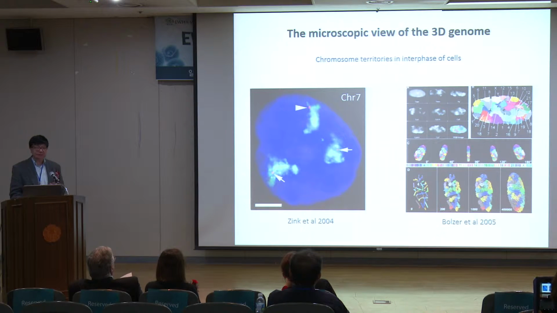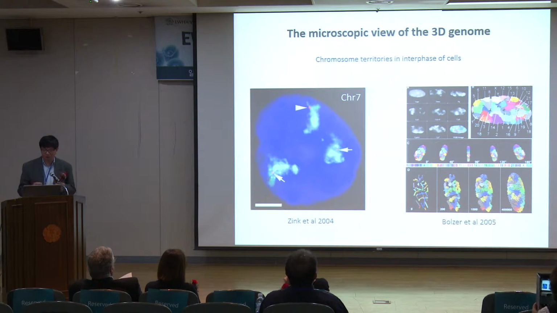However, the problem is that imaging-based approaches have lower resolution, so you cannot relate the structures that you see to the nucleotide level, and therefore you cannot relate such structures to specific genes or functions.